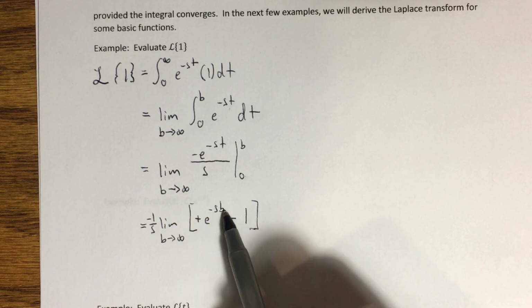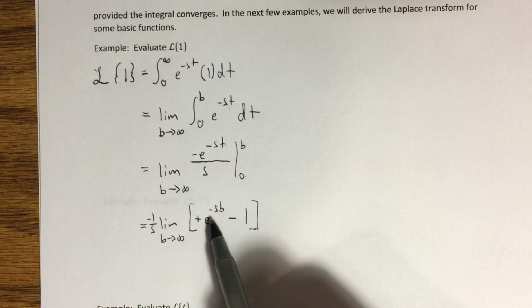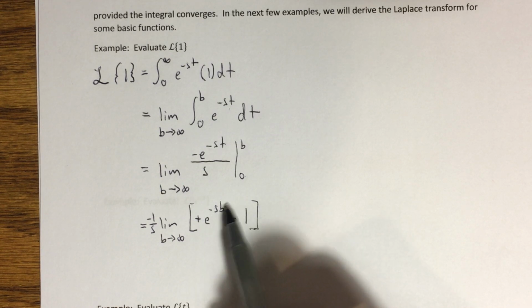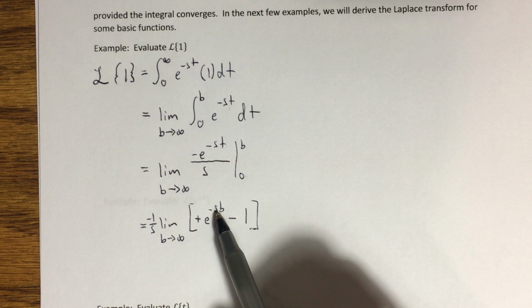B is going towards infinity, so we think of that as a very, very large positive number. So that means this exponent, in the case where s is negative, is becoming larger and larger in the positive direction, sending this exponential function off to infinity. In that case, the limit, we would say, is not defined. So this limit does not work when s is negative.